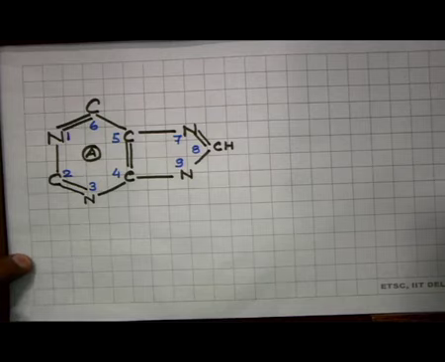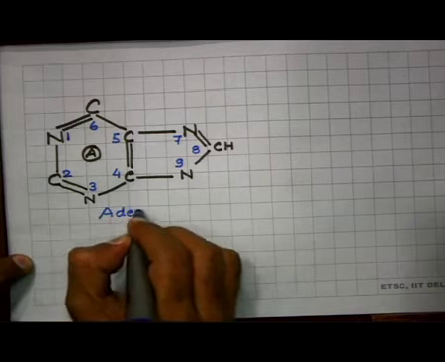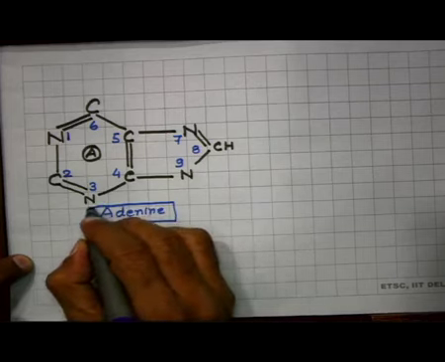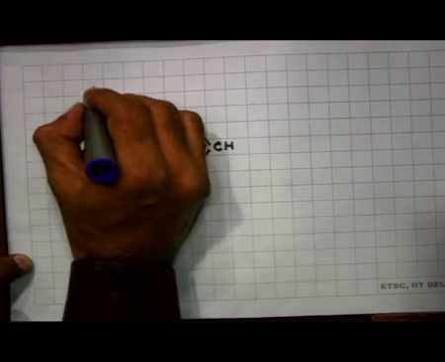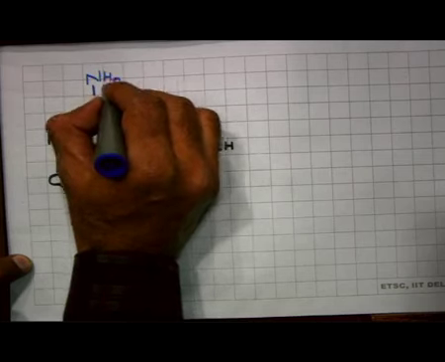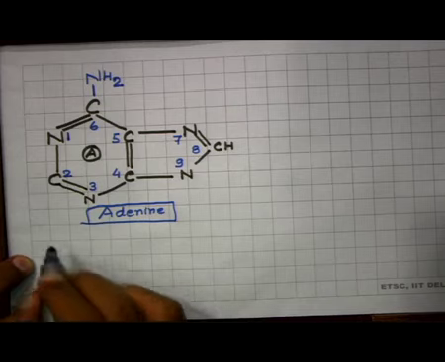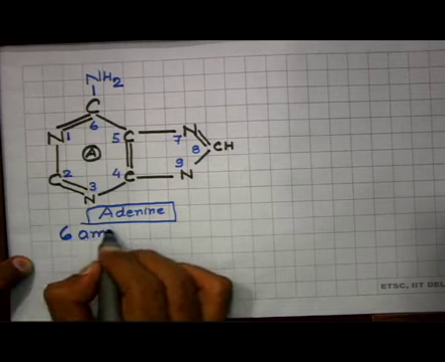So adenine molecule has 9 atoms in this sequence, and at 6 carbon there is the amino group. So, we can say adenine chemically is 6 amino purine.